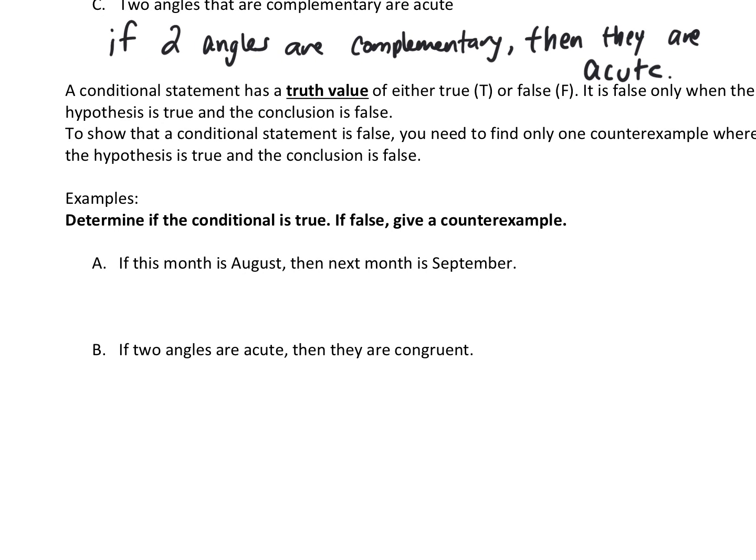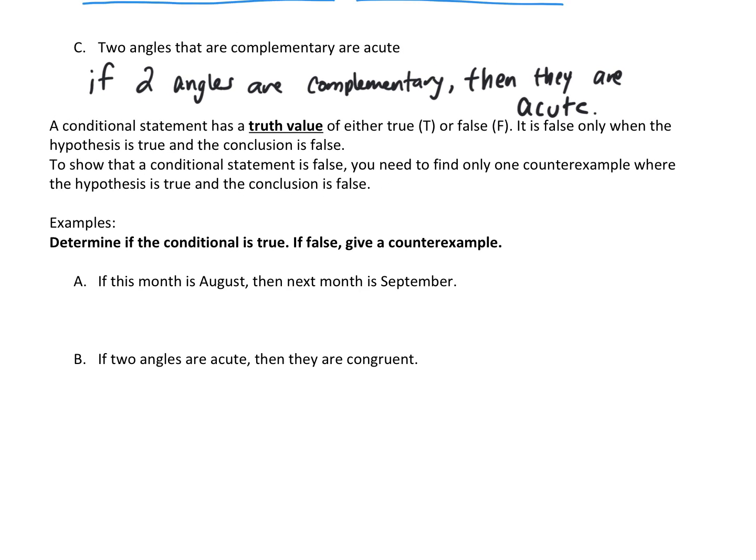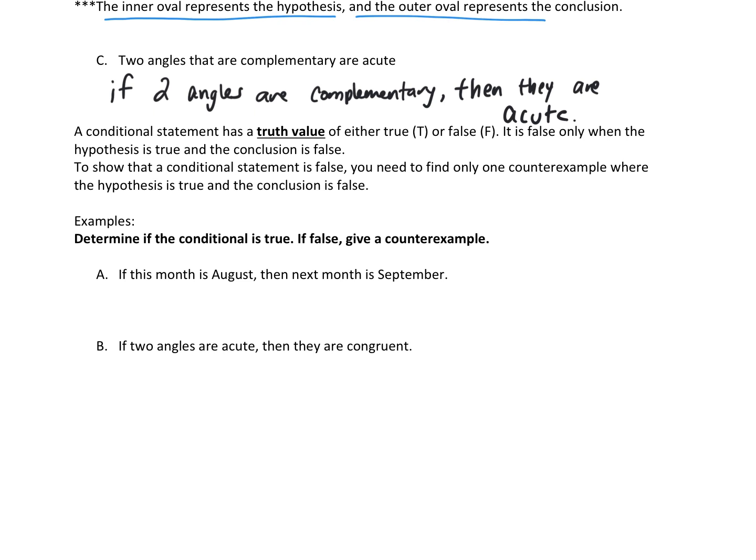A conditional statement has a truth value of either true or false, and this is a strange idea. It is false only when the hypothesis is true and the conclusion is false. So what we're really looking for is, does P lead to Q?